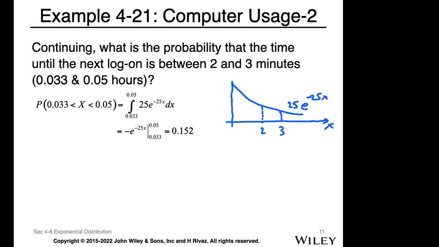This axis is x, and this axis is f of x, the probability density function. In this part, using exponential, we calculated the area under the curve between 2 and 3 minutes, and the answer was 0.152.